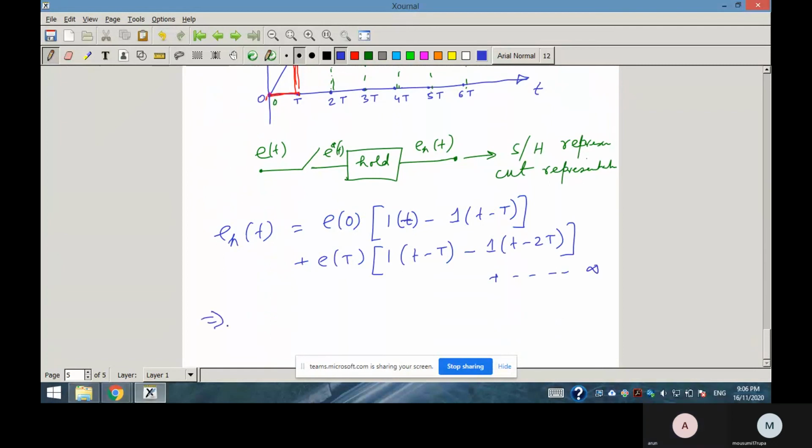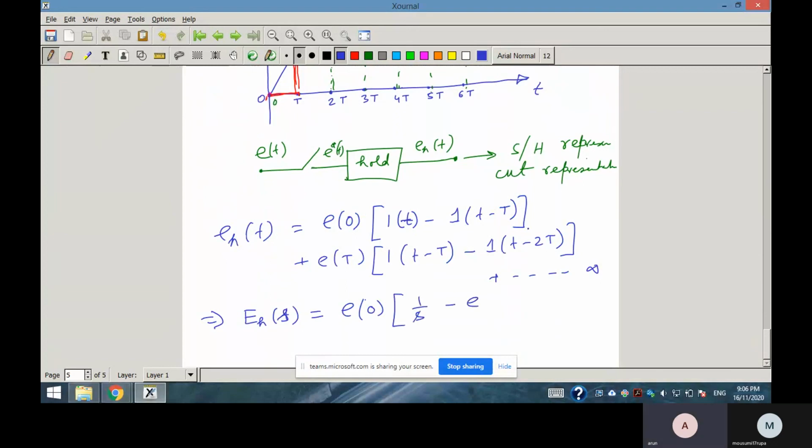Thus e_h(t) equals E0 ... If you take the Laplace transform, e_h(s) is 1 over s minus.